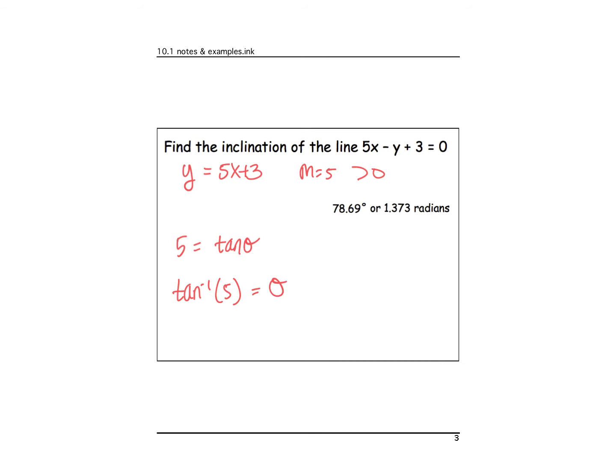So in your calculator, depending on the setting, the mode that you're in, you would get an answer of 78.69 degrees or 1.373 radians. Does everybody know how to enter tan inverse and do all those things? Okay. Questions so far? So that's straightforward. Inclination, you use the formula m equals tan theta.